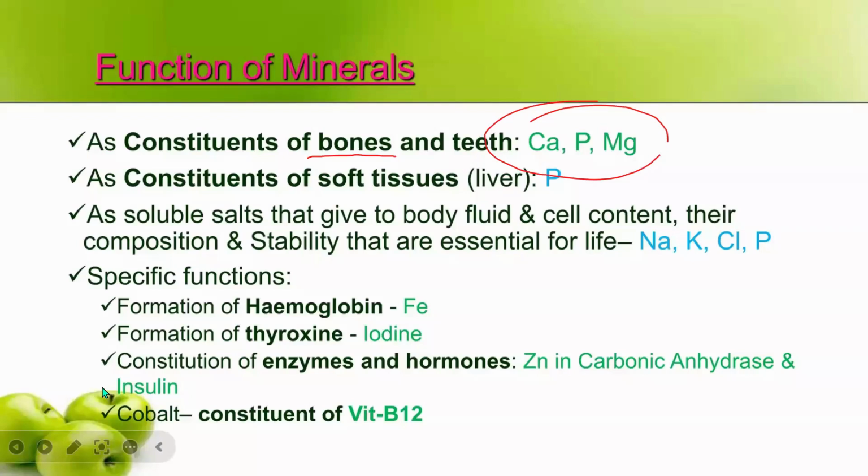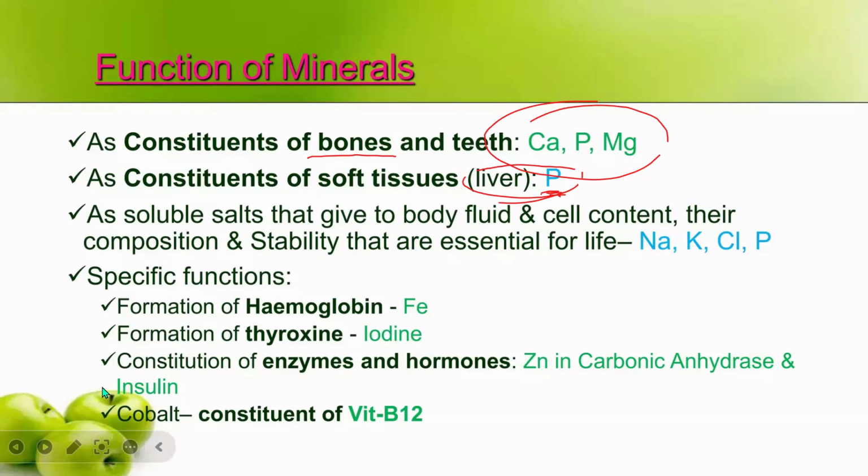And of course, in soft tissue, an example is phosphorus. So we have soluble salts that give body fluids and cell contents their composition and stability, which are essential for life.